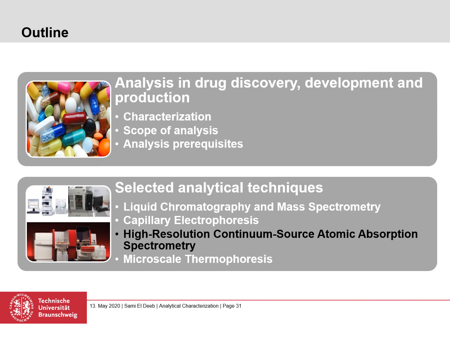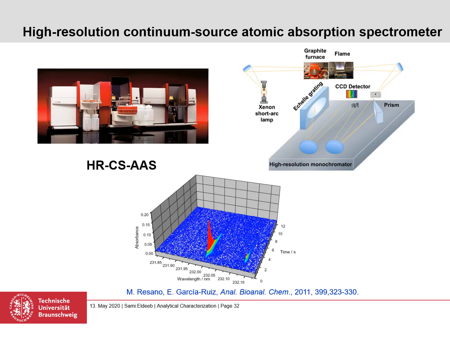The third technique is high-resolution continuum source atomic absorption spectrometry. It is the most innovative technique in the field of atomic spectrometry. The instrument was produced by a German company called Analytik Jena in 2007, and the instrument can effectively and simultaneously determine several metals in the sample with high sensitivity.